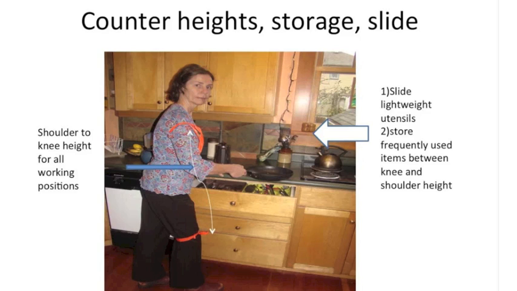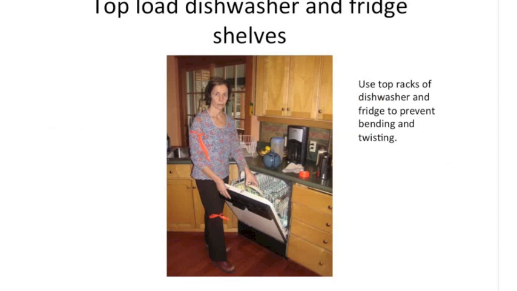But I love that you want to have everything between your shoulder and your knee. So you might want to walk around your house and figure out where all your heavy things are. Putting pots underneath the oven is a very difficult place to put them. So I'm not going to lose the orange, because there it is again.